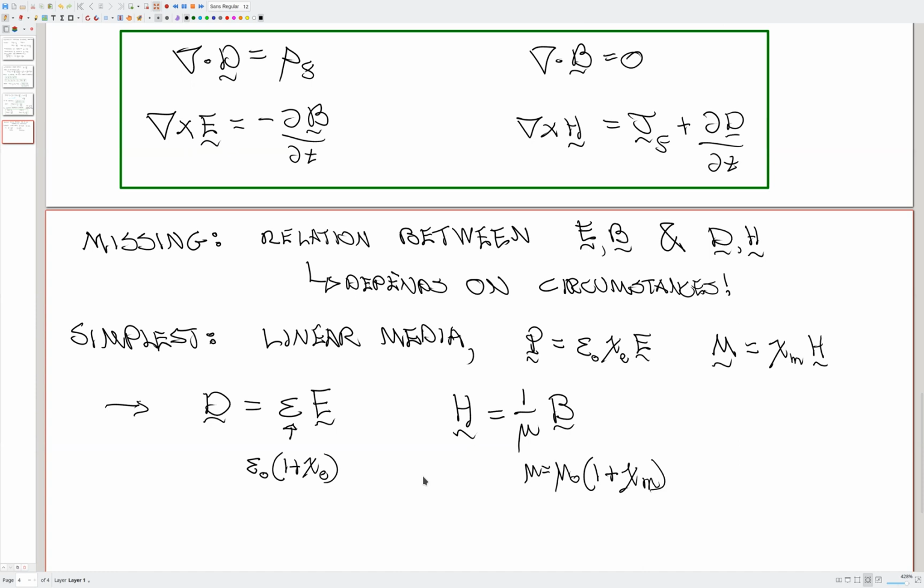If you don't have this relationship, then you have to characterize your material better. These relations are known as constitutive relationships, and you would really have to experiment with the particular types of matter you're interested in in order to properly characterize these things. So this is really an aside. We'll come back to it because we will be working exclusively with linear media when we actually do applications of this.